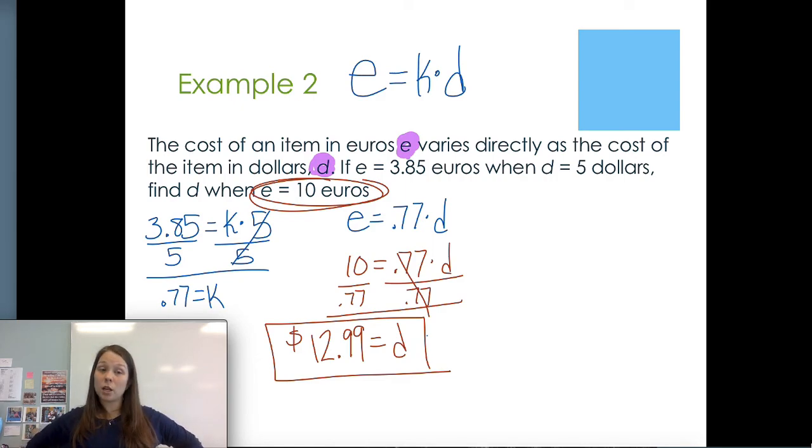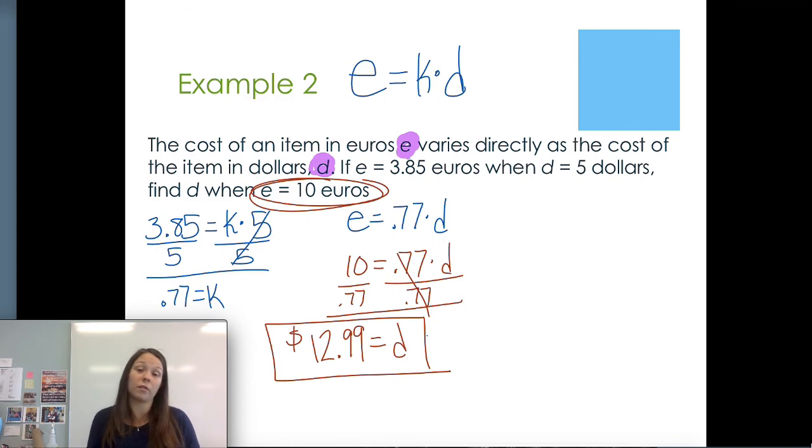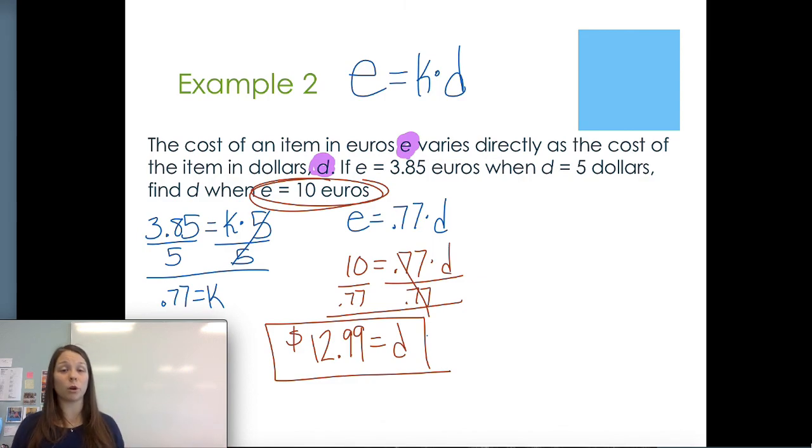Some of you might have approached it that way, and that's perfectly okay, because direct variation problems are proportional: there's a constant of variation applied to our dollar amount variable. In the end, regardless of which method you use, you're still going to get $12.99 for our dollar amount when converting from euros to dollars.